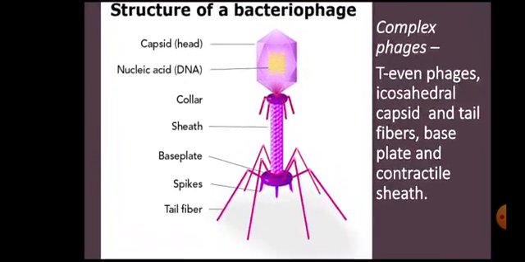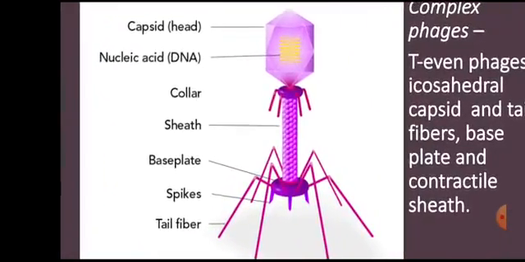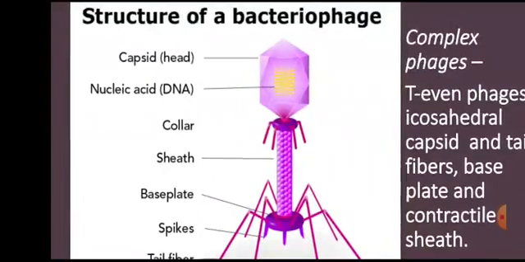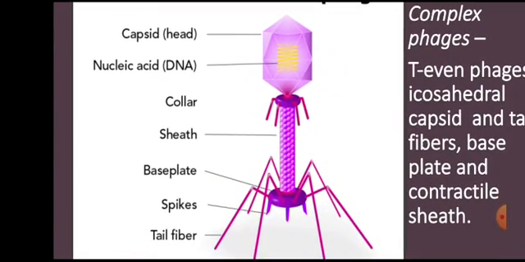This is the beautiful structure of this T even phage. A capsid, you can see an icosahedral capsid inside which there is double stranded DNA, the genome of this bacteriophage.